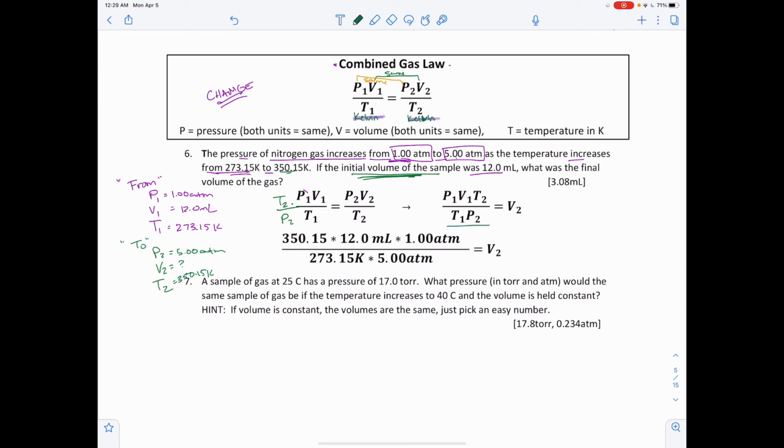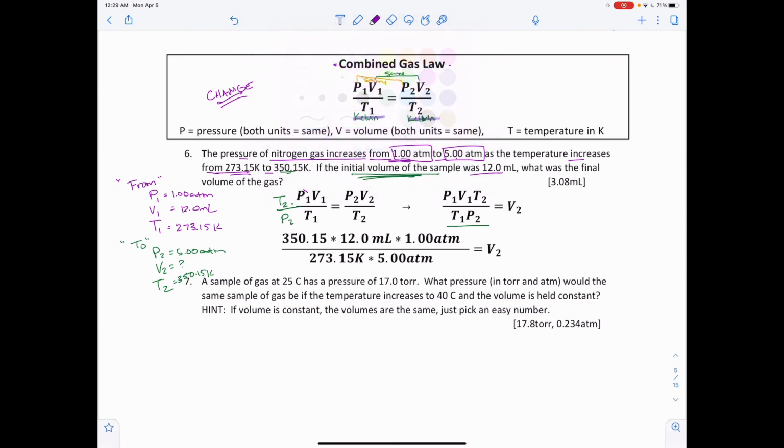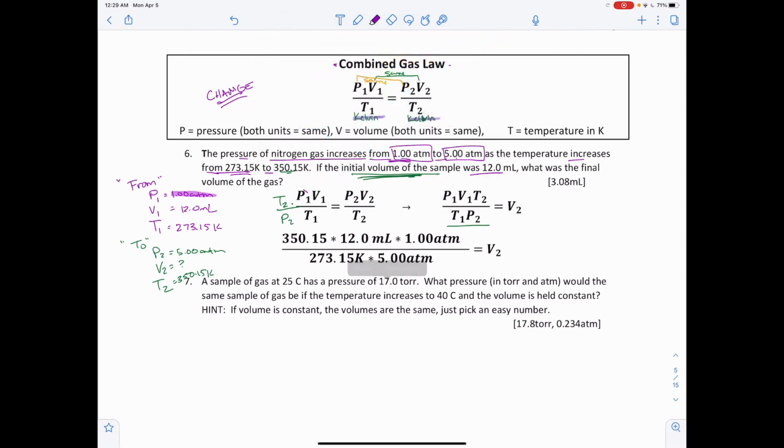So two ways of thinking of it, but you've got to get the correct variable by itself. And then the other easy thing to mess up is filling in the values the wrong way, so let's make sure we've got it filled in well. That's our P1, ATMs. So right here's my ATM. That's where it is in the equation.